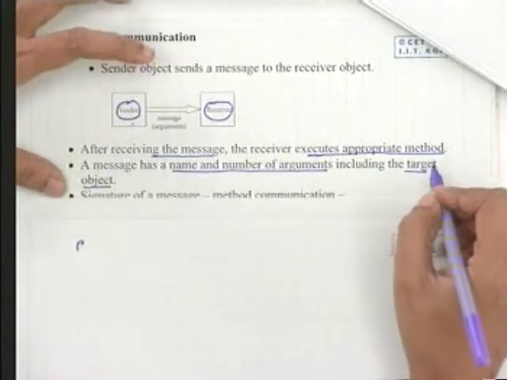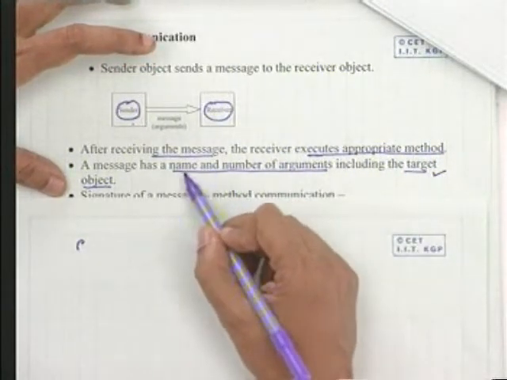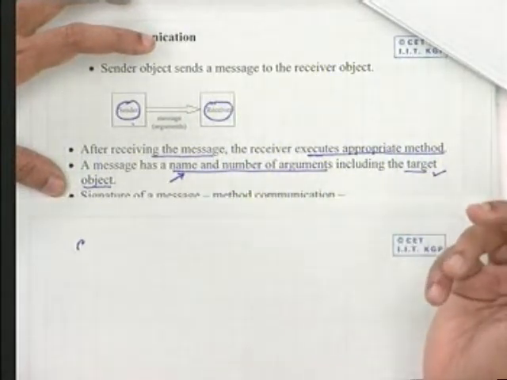That is what we call the target object, and the name of the method in this example will be rotate, and the number of arguments in this case will be only, say for example, the angle by which it should be rotated.